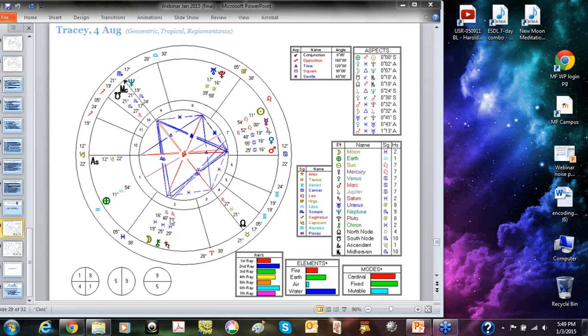Saturn normally creates boundaries. Saturn usually is restrictive. It creates limitations. It's discipline. But it's retrograde. Being retrograde, it doesn't behave the way it normally would. It's slowed down a little bit. It doesn't have those same qualities as potent as they would be if it weren't retrograde.